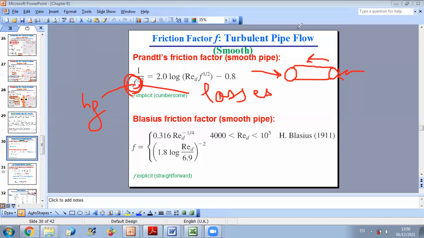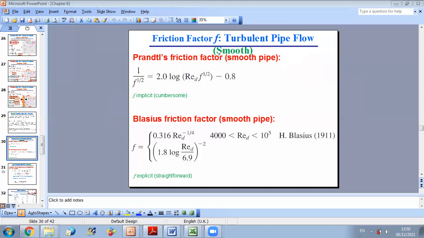So we should always pay attention to roughness, because roughness will affect the behavior of the turbulent flow. If you are treating smooth pipes, we can experimentally develop empirical relations between F and Reynolds only, but for the case of rough pipes, in addition to Reynolds number, we should add epsilon over D.